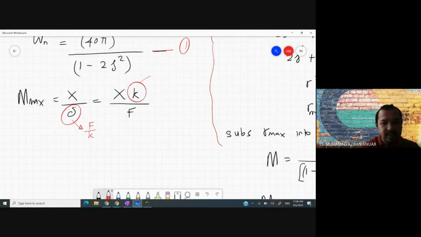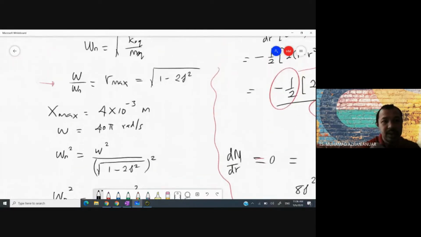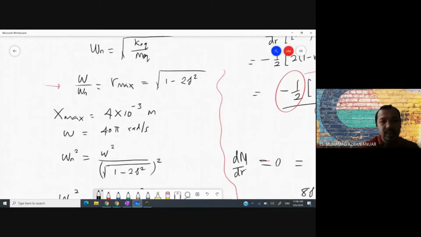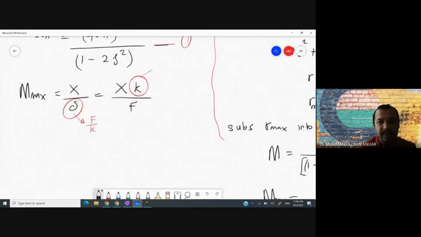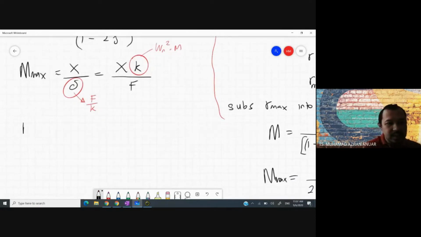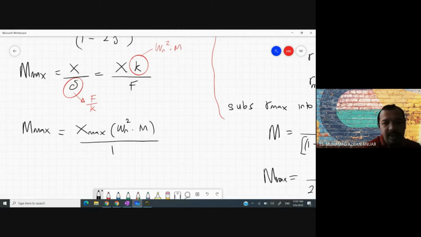So K, if you use this equation, K is equal to omega n square multiplied by M. Let's use the red color: omega n square multiplied by M. And substitute everything here, so you should get M max is equal to X max multiplied by omega square M divided by F. And then we know that we derived this one.